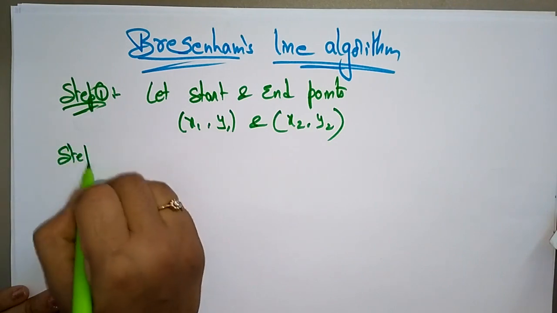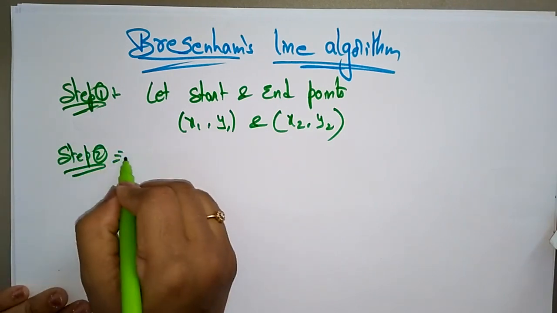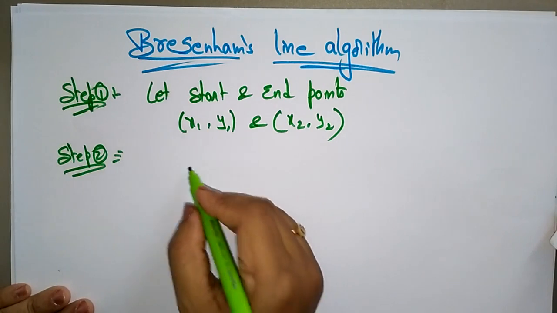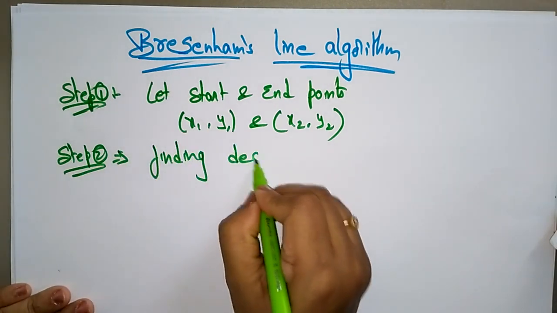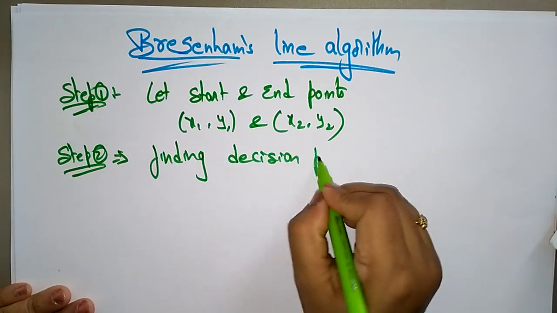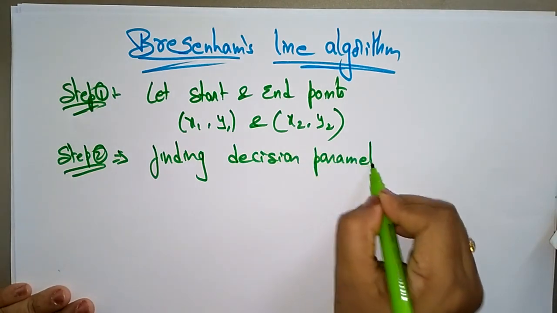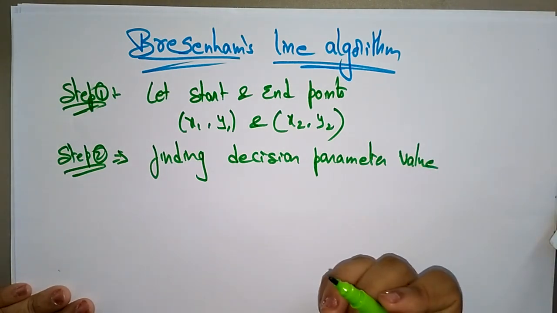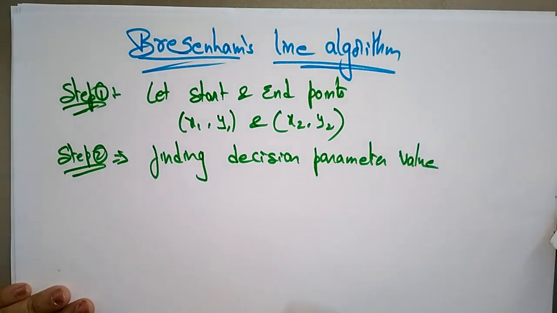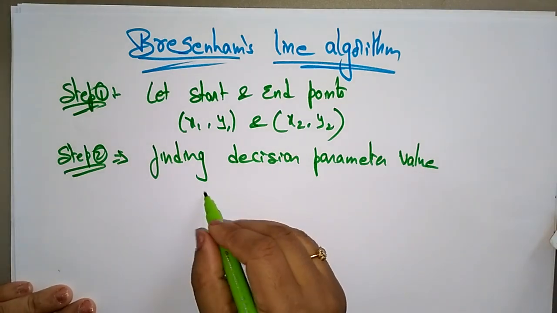Step 2 is finding the decision parameter. If you find the decision parameter value, then it is easy to decide which value to take, which value is the closest to the true line. So how do you calculate the decision parameter?